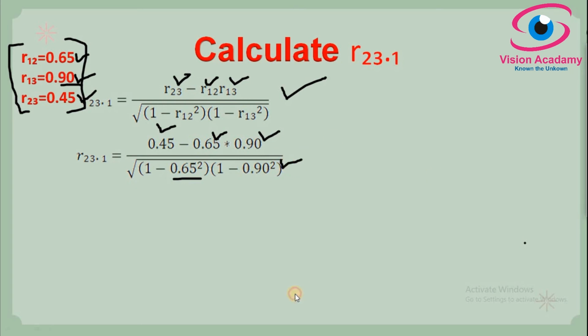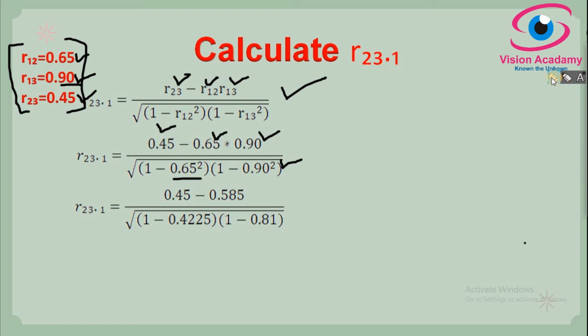In the next step I will simplify this. Firstly, in the numerator, R12 into R13, that is 0.65 into 0.90, which is 0.585, and in the denominator I have taken 0.65 squared, that is 0.4225, and here 0.9 squared, that is 0.81.